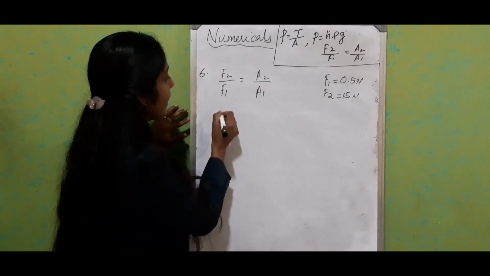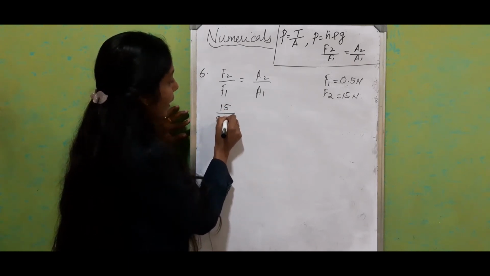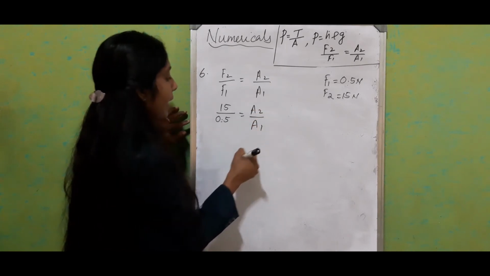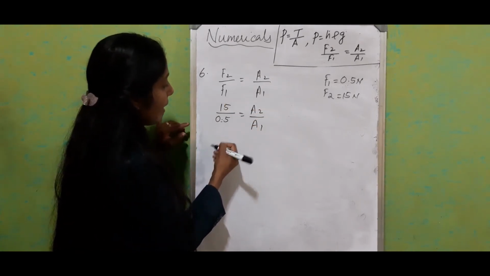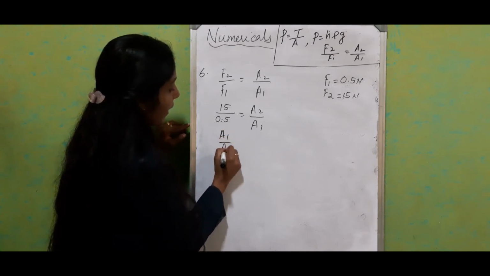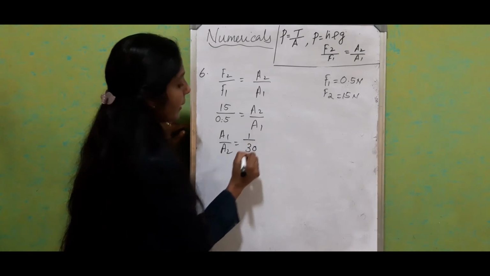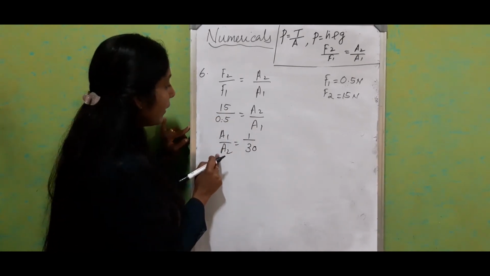So we will get 15 divided by 0.5 is equal to A2 divided by A1. Or if we find A1 by A2, that is equal to 1 by 30.